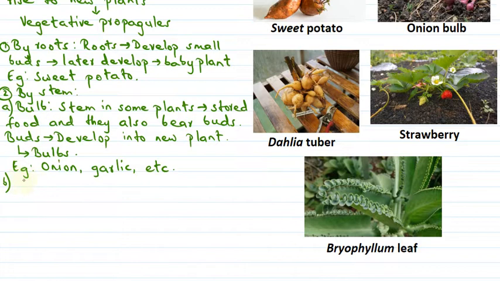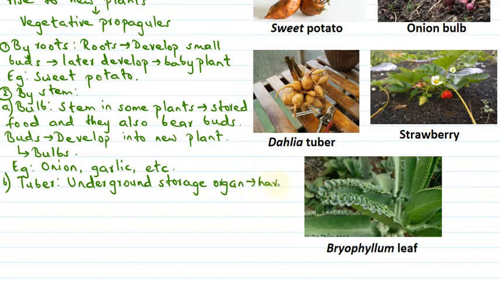Okay, now the next example of stem would be by means of tuber. A tuber is an underground storage organ which has a special swollen, modified stem or root.